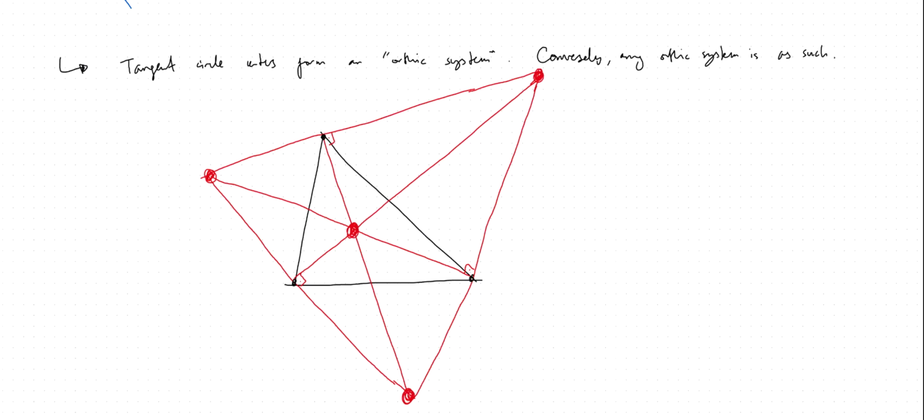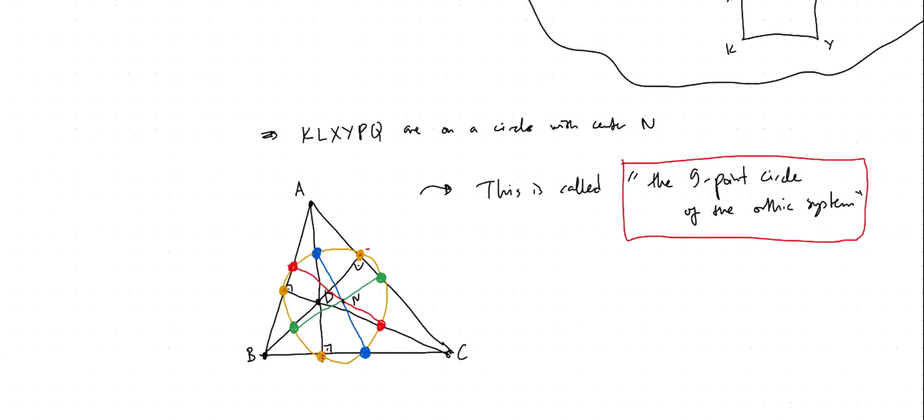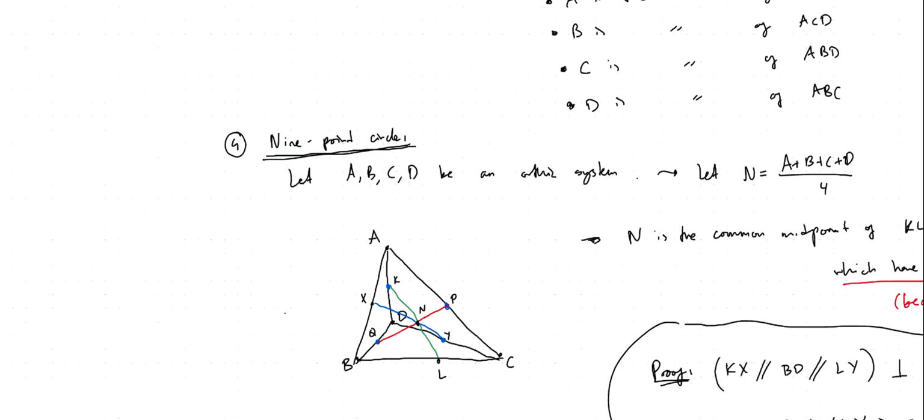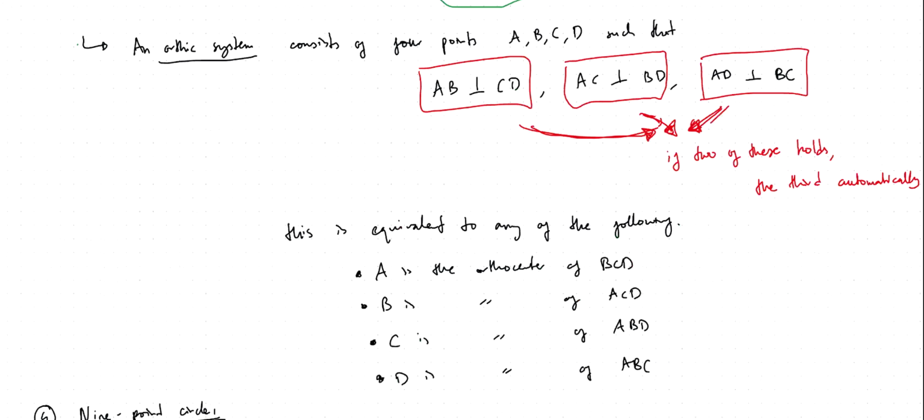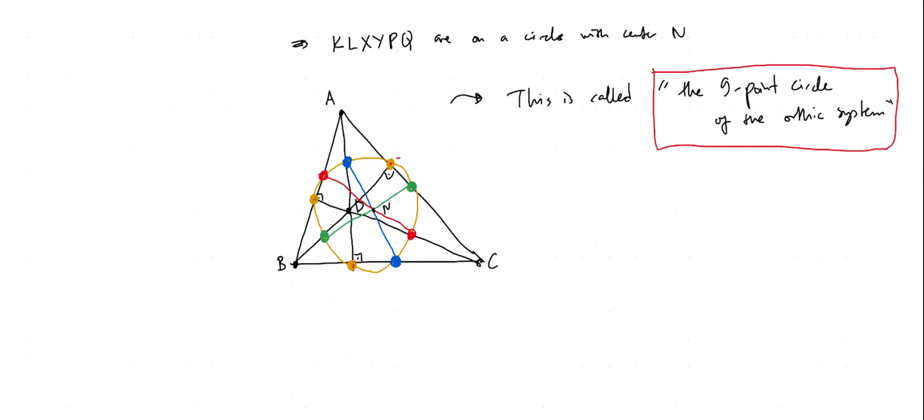So this is something we could have observed yesterday. We didn't observe it because of the other things, but when we talked about the orthic system, here we talked about an orthic system, for example. Here, these orange points, if you construct a triangle of the orange points, the black points of the orthic system are intersections of angle bisectors for the orange triangle.